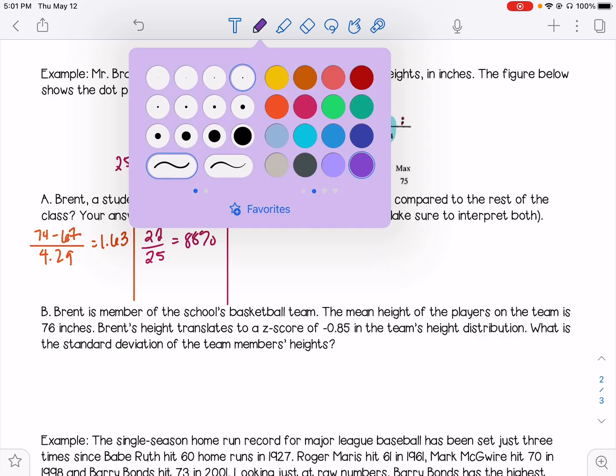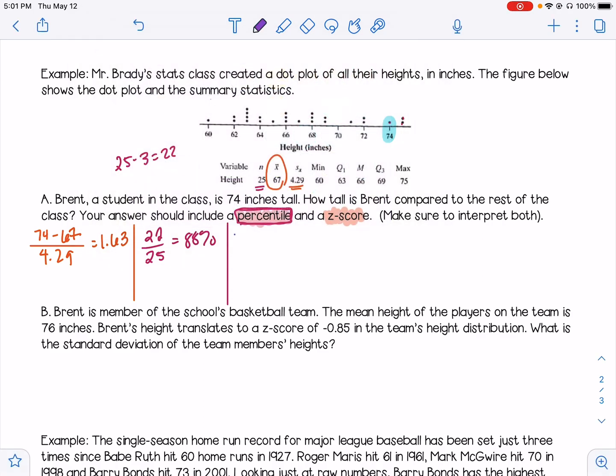So if I were to fully answer this question, we would say Brent, being in the 88th percentile, is taller than 88% of his classmates.